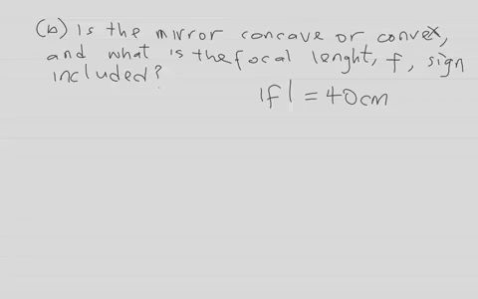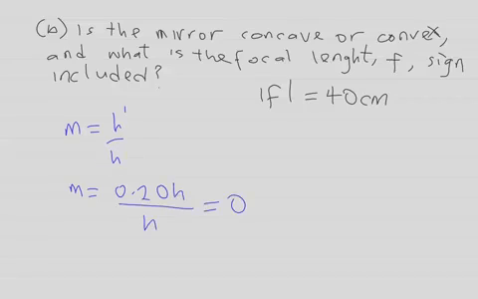Now, but let's just look at this information. n is equal to h prime over h, and we are given h prime to be 0.208 and this h is equal to 8. That means magnification is positive.